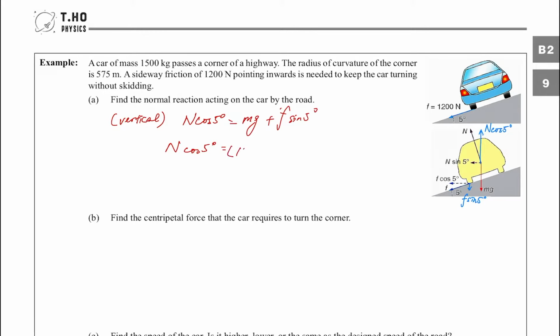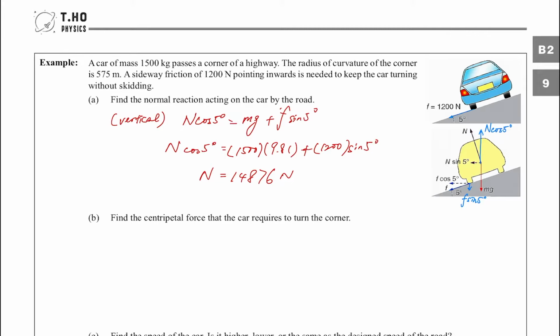Putting in the numbers, N cosine 5 degree will be equal to m 1500, g 9.81, plus friction is 1200 sine 5 degree. Solving this equation gives us N will be equal to 14876 Newton.